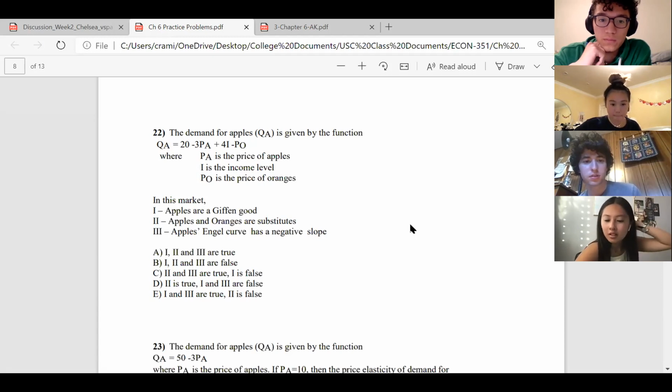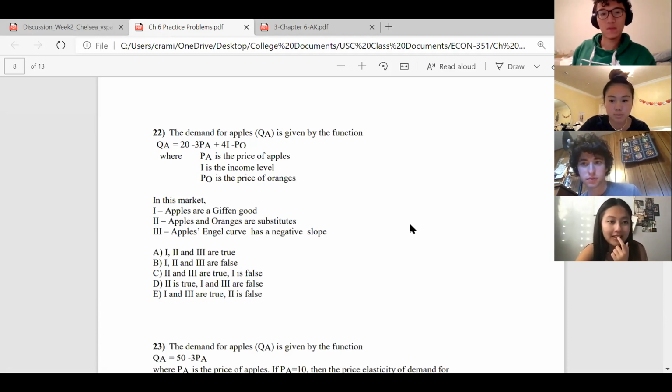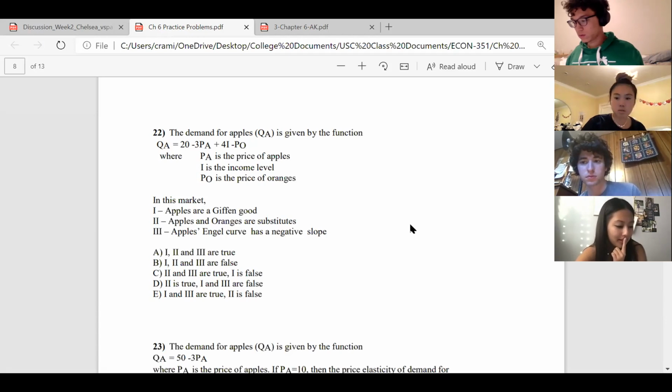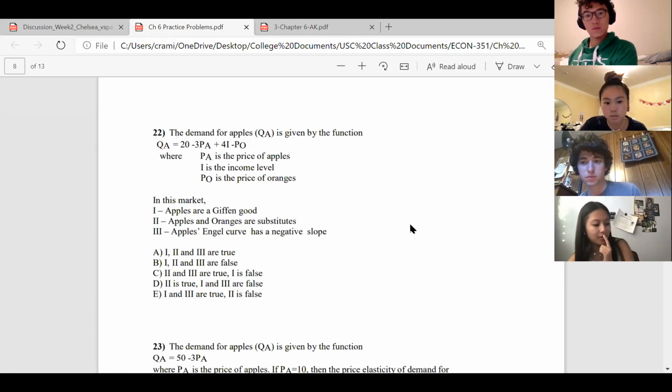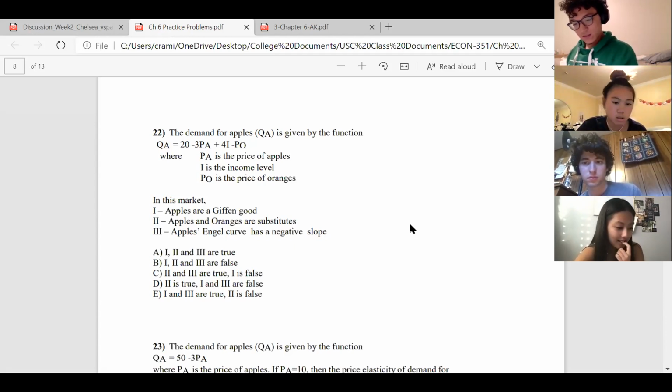They're both negative. In my notes, it says that the coefficient that comes before the P, if it's negative, then they're complements, and if they're positive, it's substitutes. I don't know why, but that's what it said.